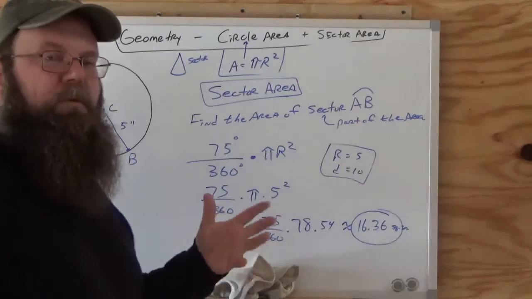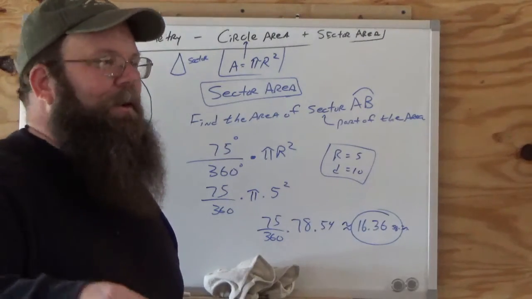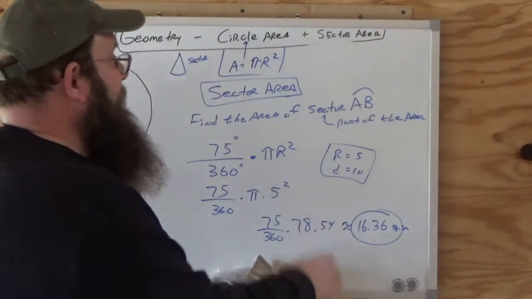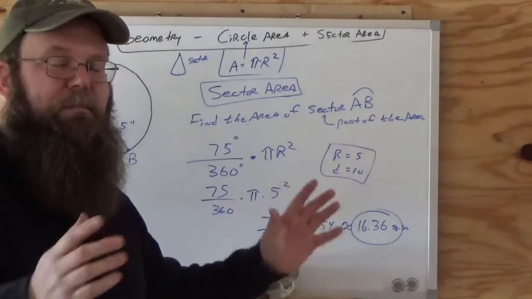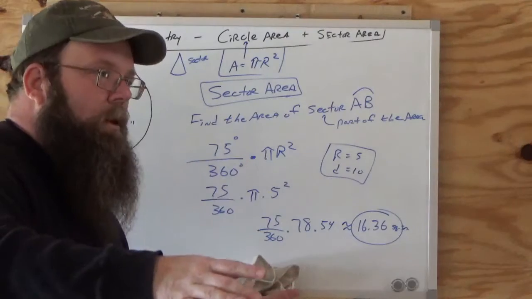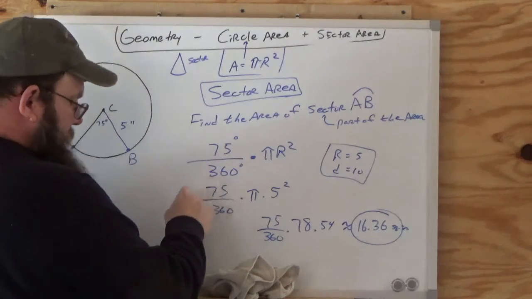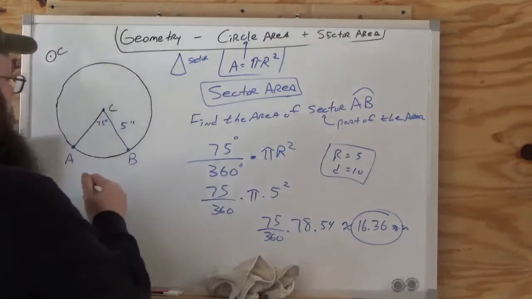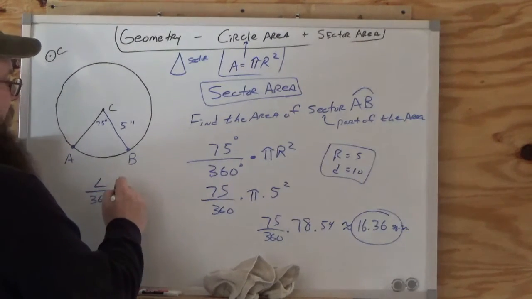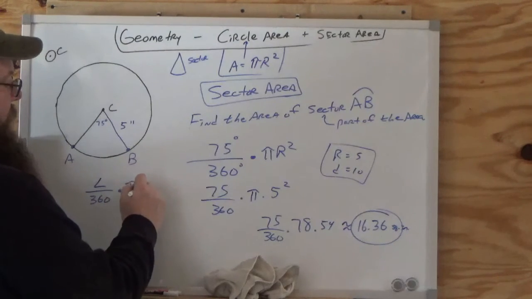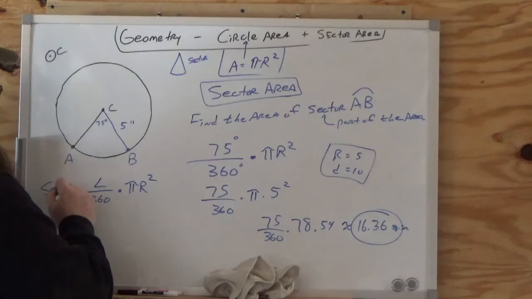So I hope you see the parallel, no pun intended because it is geometry, between finding sector area and finding arc length. They're the same thing, except they're both angle divided by 360. If you want to write that down, angle divided by 360 times, in this case, pi r squared. So this was sector.